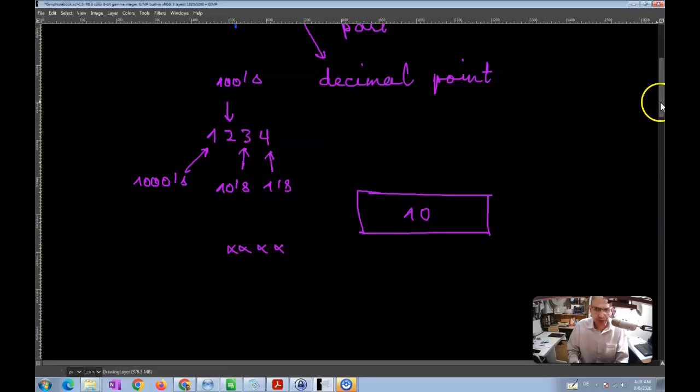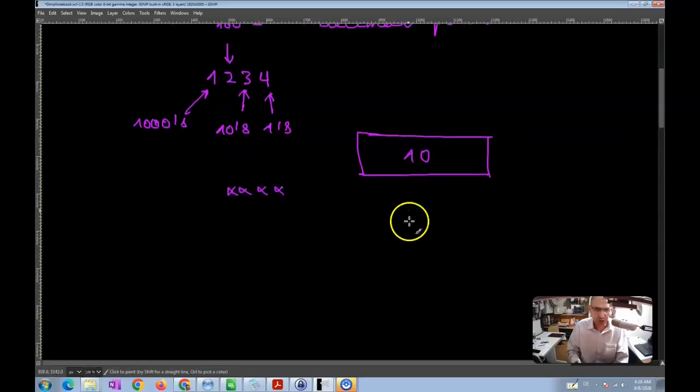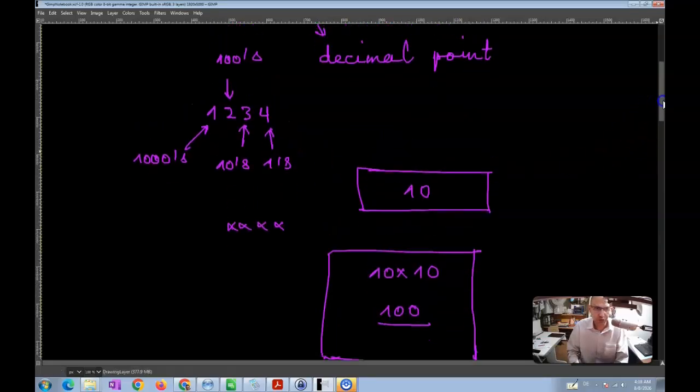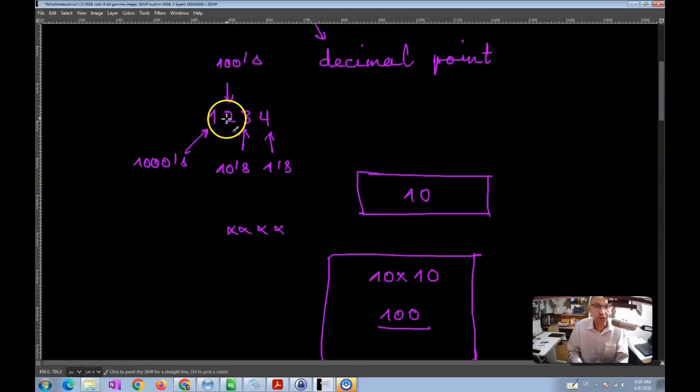Now if you put 10 of these rods together, you will have something like this, some box like this. That's 10 of these tens, which is 100. And so when you put a 2 over here, that means 2 of these boxes of 100, whose value together becomes a 200.